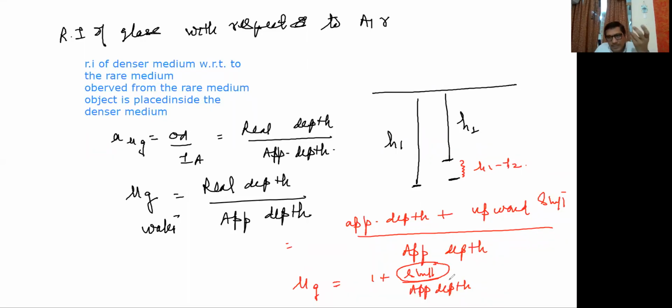is the refractive index. So you can see that the refractive index is directly linked with the shift. More is the shift there.